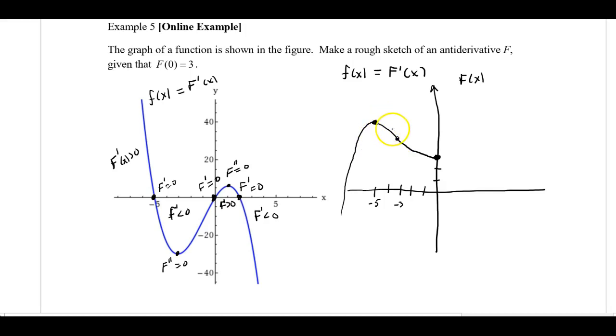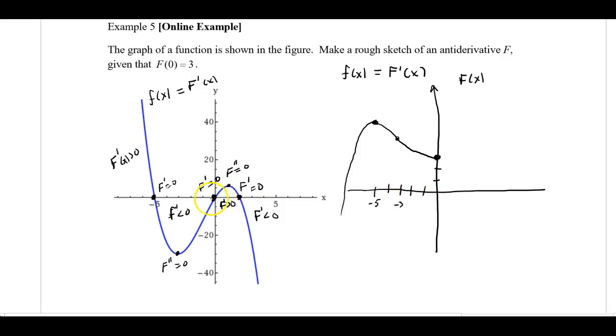Here it's concave down, and now here it's concave up. Then at 0 we have our local min, because here capital F prime is negative, and then afterwards is positive, which means that F is decreasing and then increasing after 0. So we have a local min at 0.